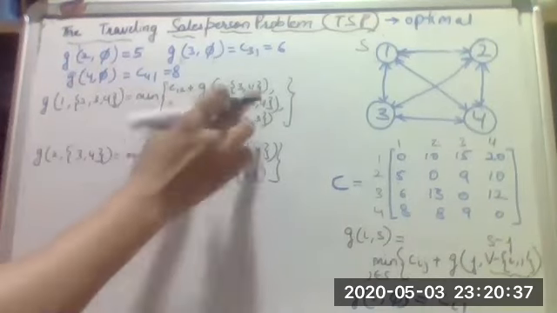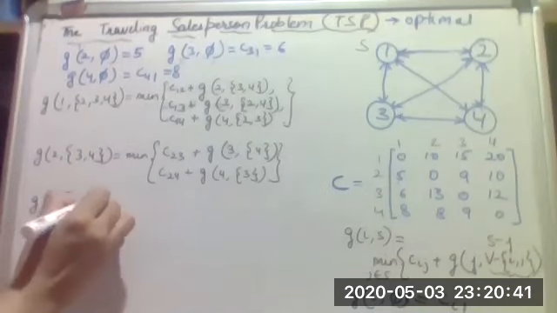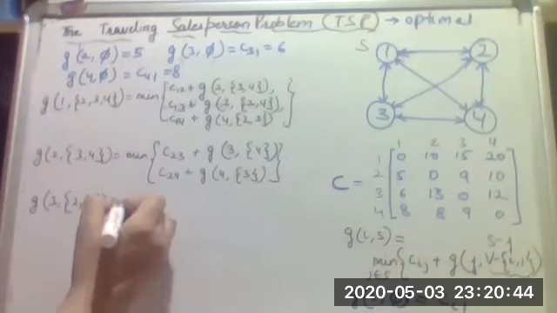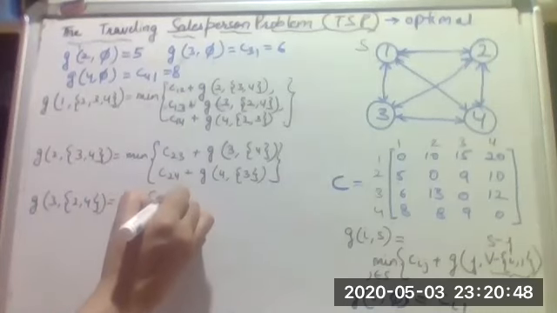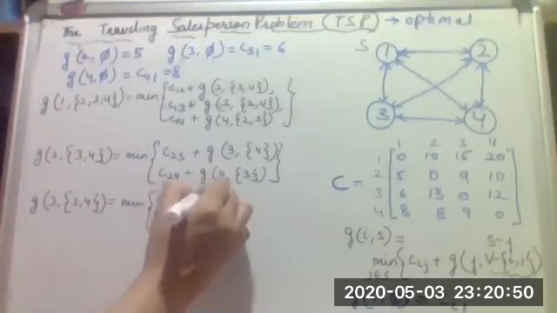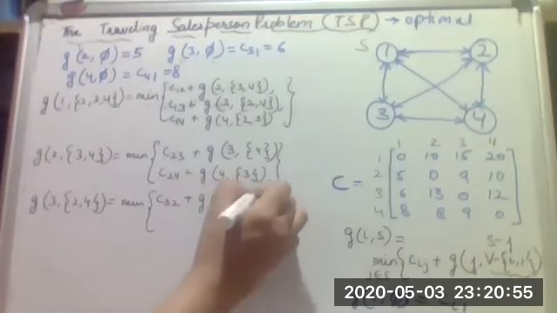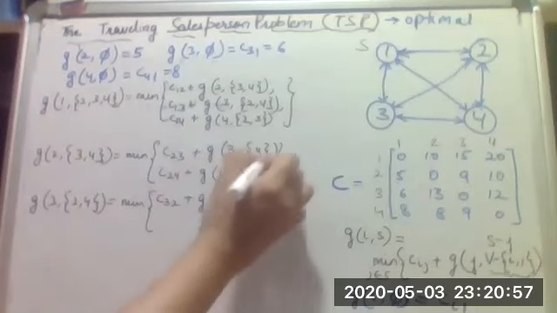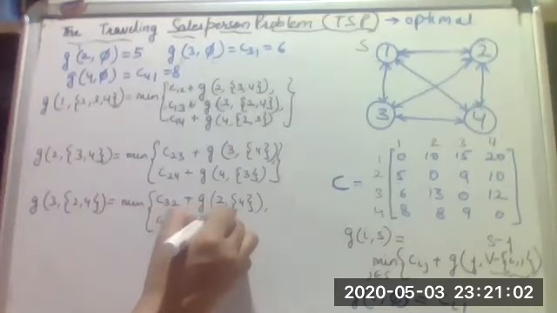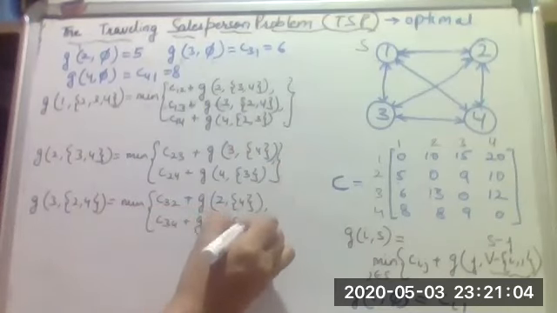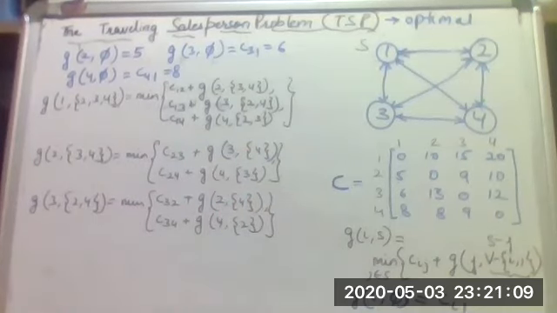Yes, similarly we need to write for G3, 4, and this will be equal to the minimum of C3 2 plus G 2 4, C34 plus G of 4 and 2 as remaining. Fine.